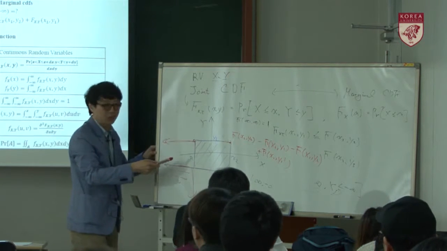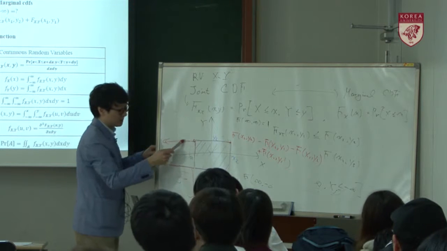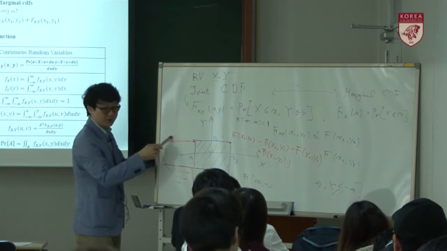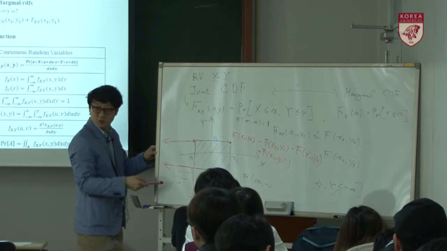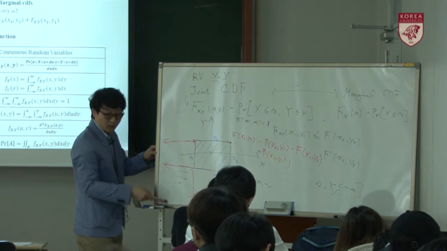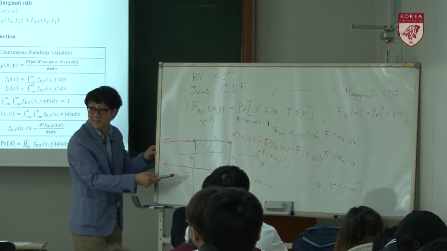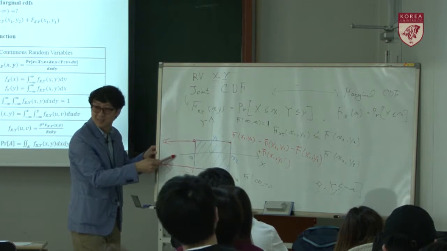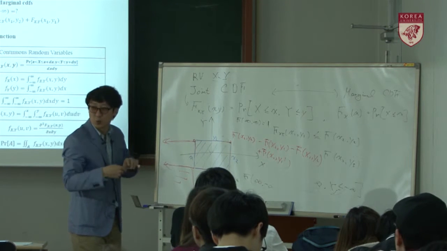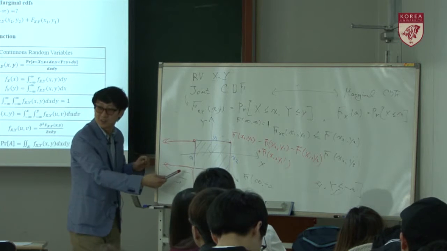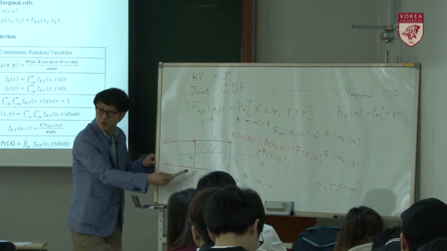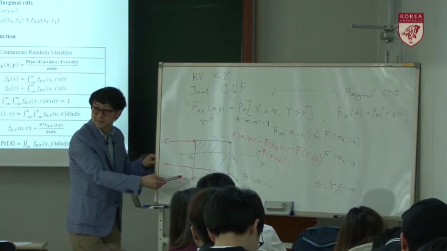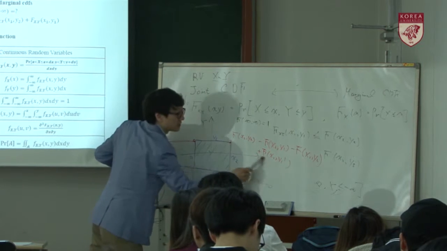Then we also subtract this one, right? But if you look at that, this part is subtracted twice, by this one and this one, right? That's why we need to add back this part once. Then that's this point.